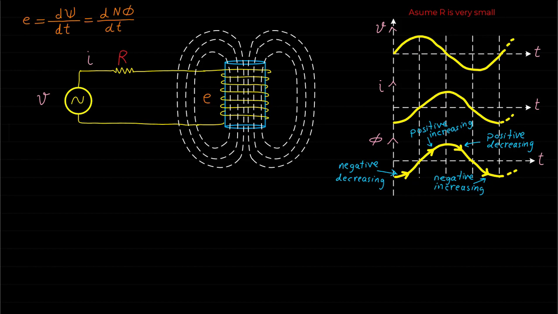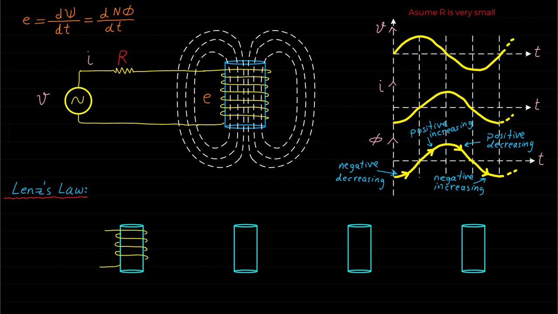As mentioned earlier, the polarity of the induced voltage can be identified using Lenz's law. To understand how to determine the polarity or direction of the induced voltage using Lenz's law, let's apply some steps to the following electromagnets and try to cover all the possible cases.